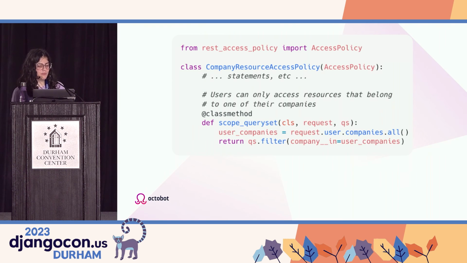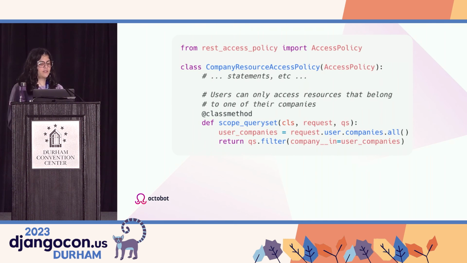But here I'm only implementing the tenancy stuff, so this is kind of equivalent to the example with the viewsets that we just saw. This access policy has a scope_queryset method that receives a request and a queryset. The way it works is that you get to do whatever you want with that queryset and that request. In this case, I want to filter the queryset by the companies from the user, so that the user can only access resources that belong to one of their companies.